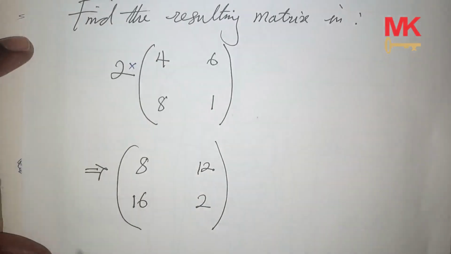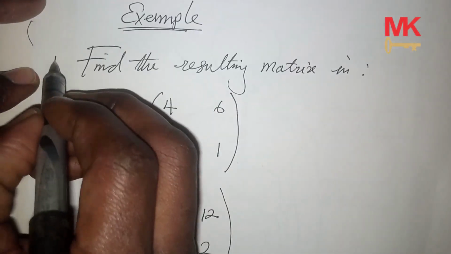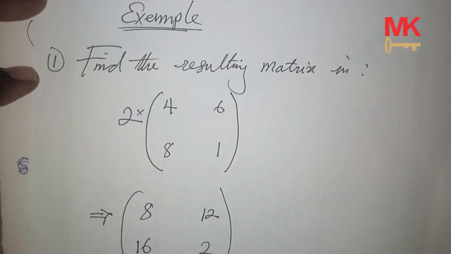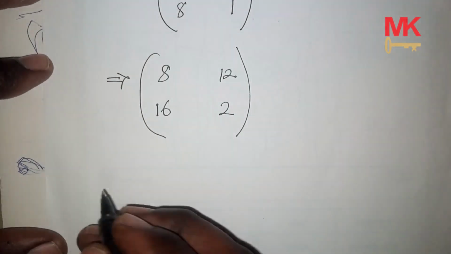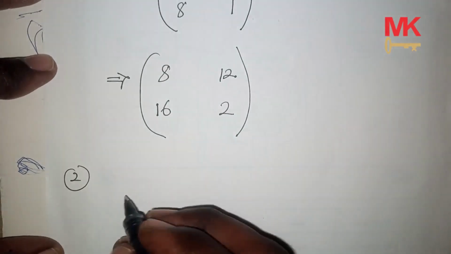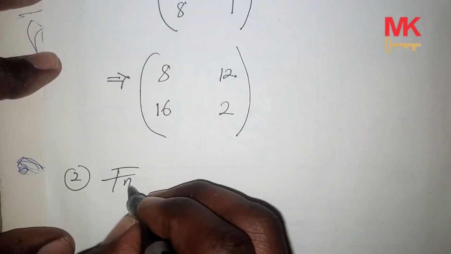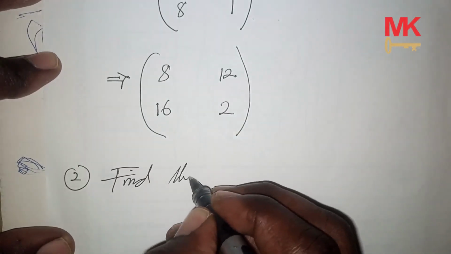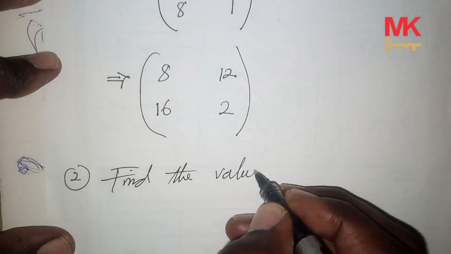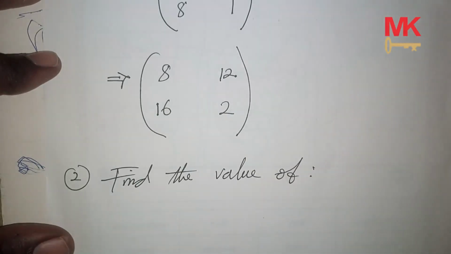One more example. So this is example 1. So let's go for example 2 to deepen our understanding. Find the value of this.